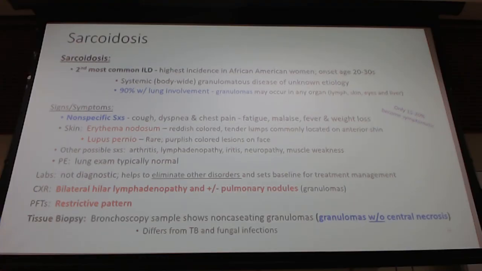Erythema nodosum is certainly not unique to sarcoidosis, but being able to know that when you see this, sarcoidosis could potentially be in your differential. So you see erythema nodosum, and then you go to Google and you put what can cause erythema nodosum, right? And then you come up with a differential, and then you go present to your attending. All right. This other one, I'll show you a picture of that. This is just a very rare, but again, something that if you don't know it exists, you won't be able to correlate it.